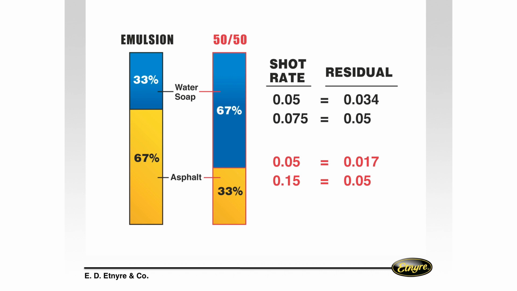If I'm using 67% asphalt with 33% water, we used to shoot a shot rate of like 0.05, which is such a small amount. Really, we're only getting 0.034 in my residual. So we have to really up that, and most of your shot rates now will be somewhere between 0.05 and 0.1 is what your state specs call for. But we're probably going to be closer to that 0.075, that 0.08 range, so we can get the right amount of residual that's left on the road.